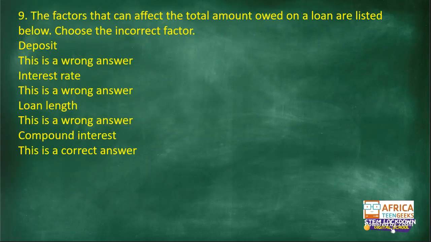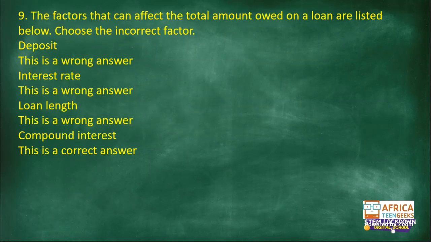The first one is a deposit, followed by the interest rate, followed by the loan length. That is the amount of time that it takes to complete your loan. And the last one is the compound interest. Now you can see here that the compound interest will definitely be the correct answer there. So we are looking at the incorrect factor there.